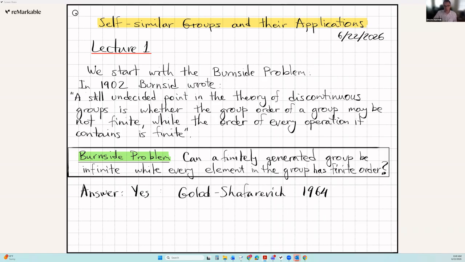This is outside of the scope. Those are not self-similar groups. And the somewhat minus of these groups is that it's a bit hard to work with them, because it involves a certain infinite number of choices to define the group, and they're not quite constructive, even though you could study them from multiple perspectives. This is also an interesting class of groups, but not within the scope of this course.